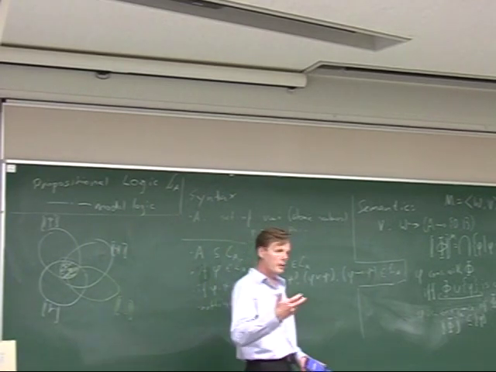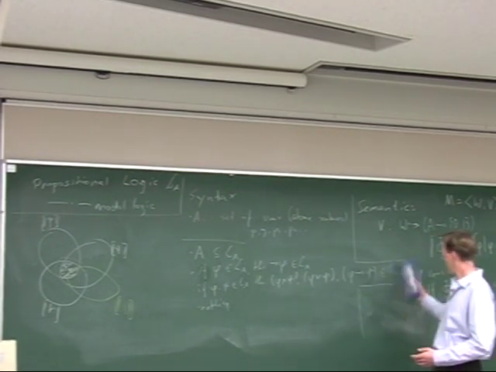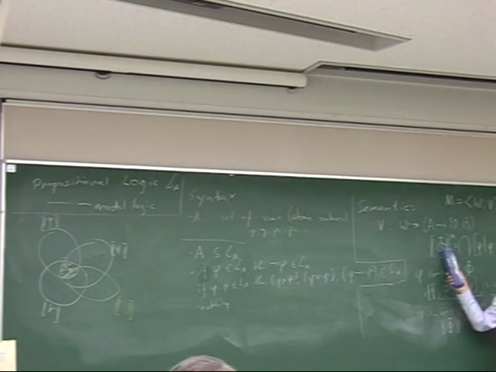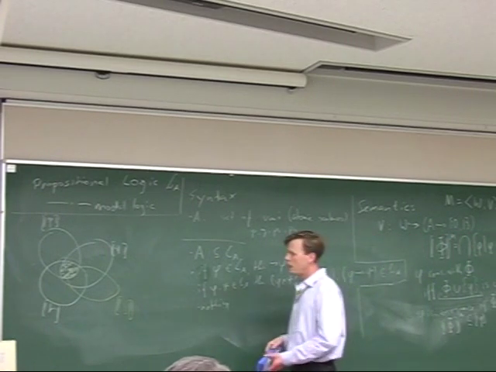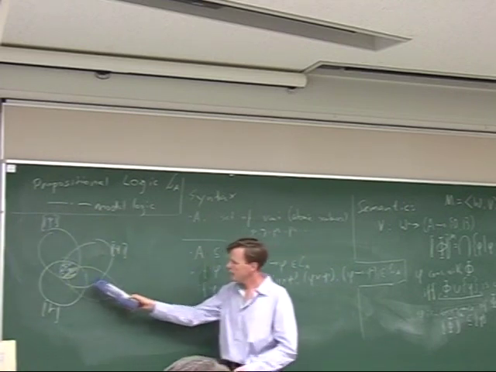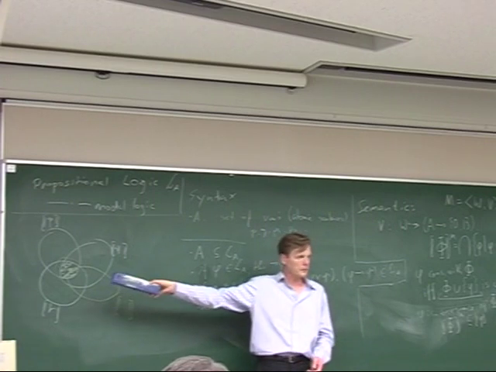And then all your beliefs together are a set of sentences like this, phi. They can be consistent or not, and so on. They also correspond to sets of worlds.